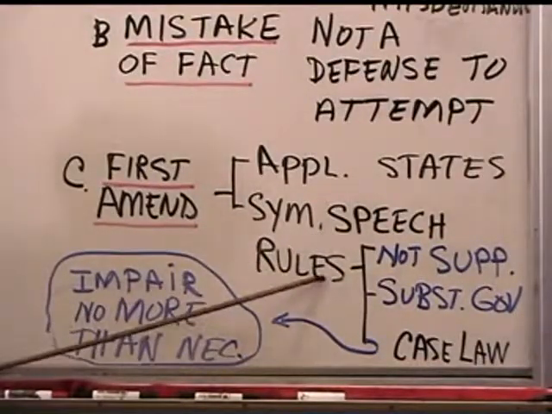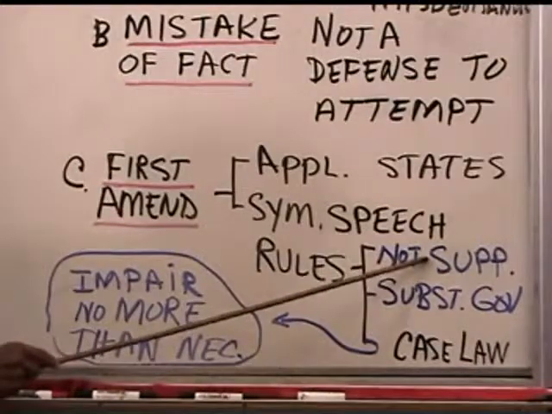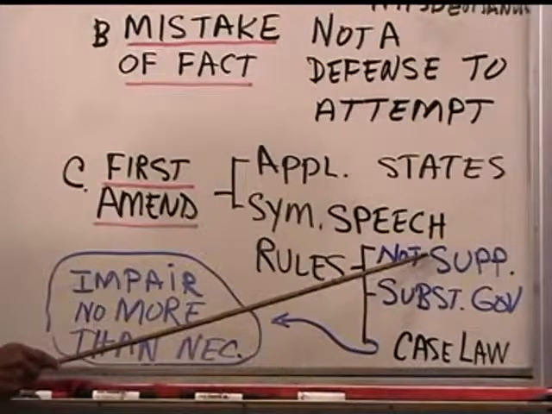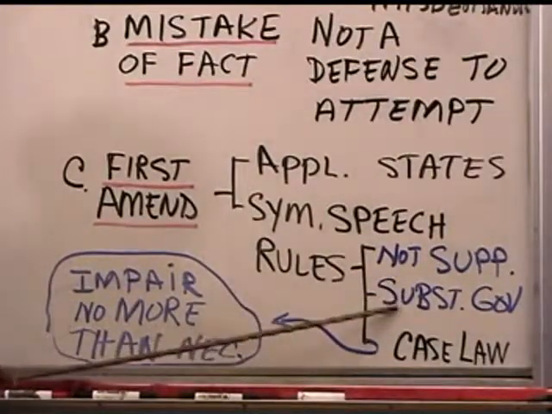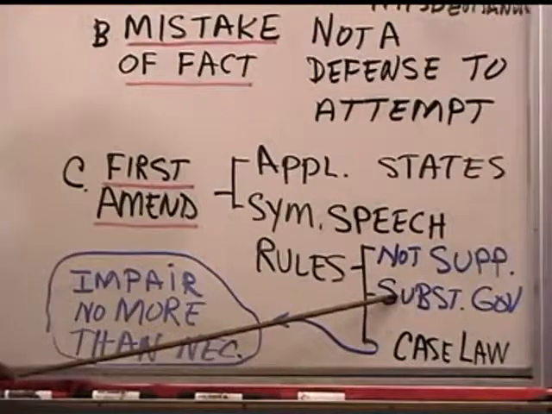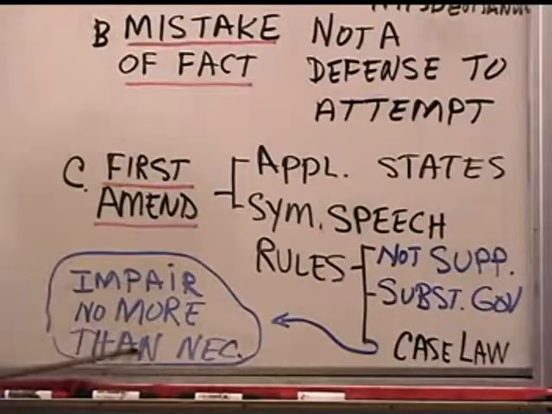The rules for protection of symbolic speech are that the government must not be trying to suppress the speech. Secondly, the government must show a substantial governmental interest that they're trying to advance, and the government must not impair First Amendment rights any more than necessary to achieve its goals.